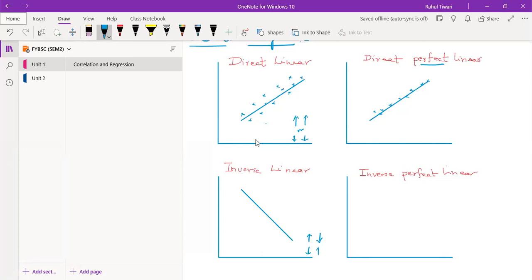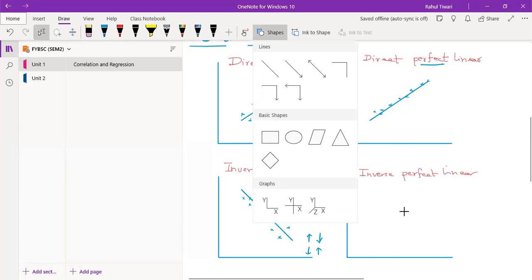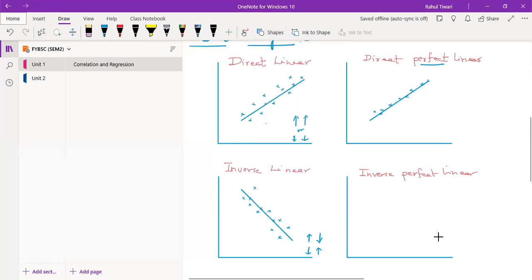That is the meaning of inverse relationship. So if you again look at this data, the majority of points are not exactly on the line. So it is called a linear relationship, which is inverse.